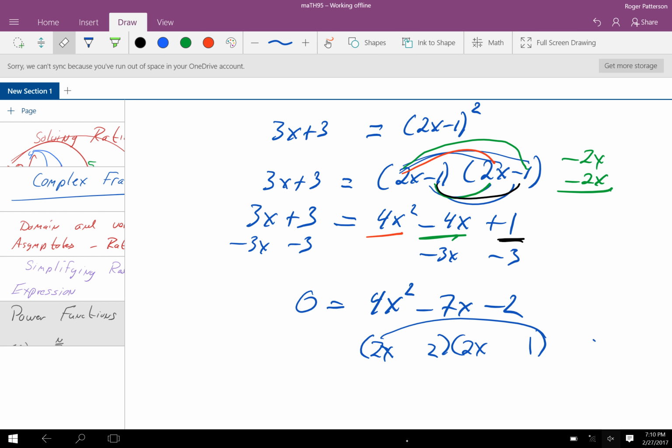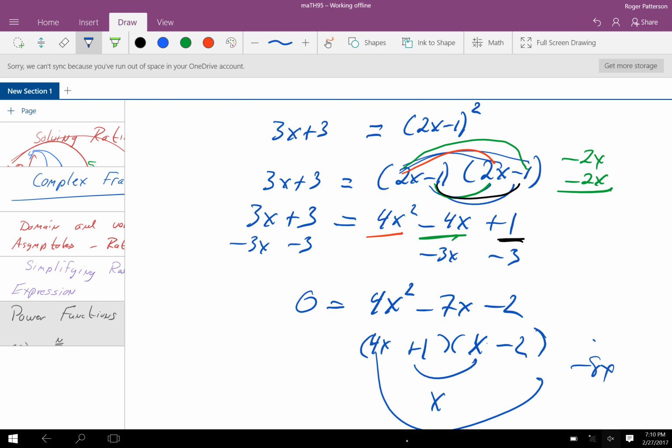And it really wouldn't matter if I switched the 2 and the 1, because I'm multiplying by the same thing. So, guess we got to go with the 4 and 1. 4x plus 1 and x minus 2. See, that's a 1x there. I got that. Oh, yeah, negative 8x there. Yep, that works. Good deal.